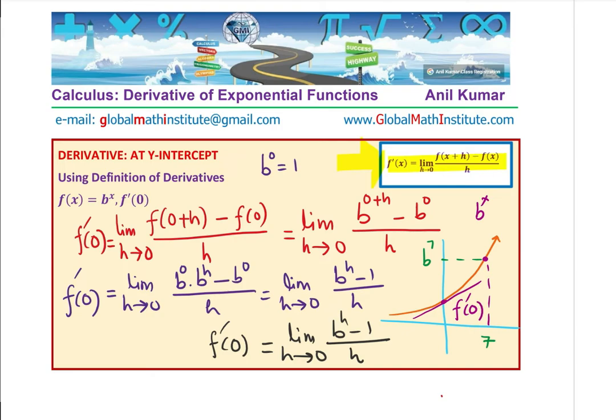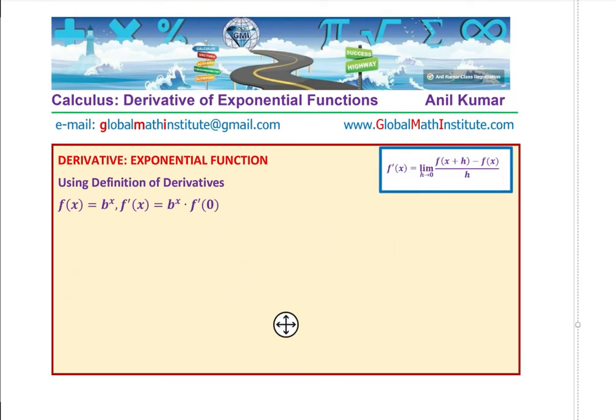In that case, the derivative of this particular function at 7 will be what? It will be the value at 7 times the derivative at 0, meaning f prime 0. You get the idea. So that is how you could get the derivative. That's what it means. Let's get back to our derivative itself now.